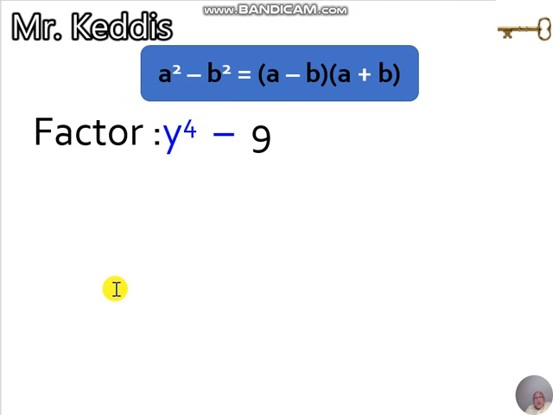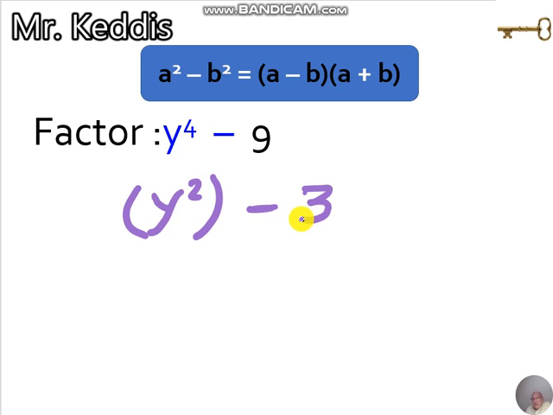I need to factor y to the power of 4 minus 9. That means y to the power of 4, which is (y squared) squared, minus 3 squared. This is y to the power of 4, and this is 9, 3 squared.